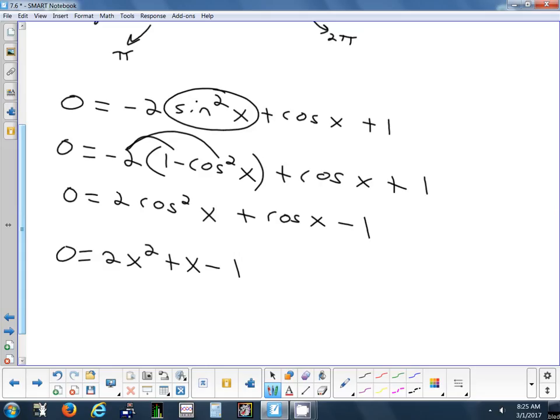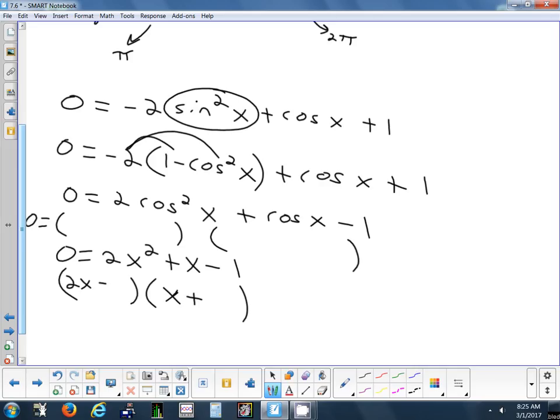Anybody see a way to factor that? Jeff, if I was going to factor, what would I have to try first after I put my parentheses? You'd have to put the x's, and then it would be like 2x and 1x. Okay. And then what would your signs have to be? Plus and minus.